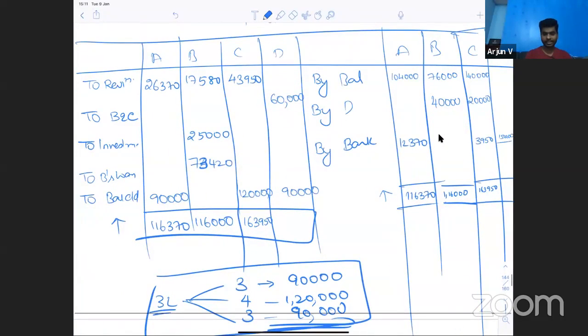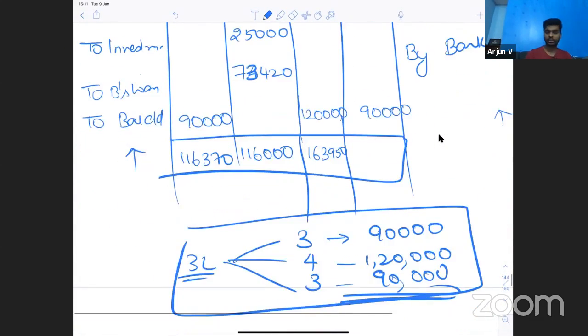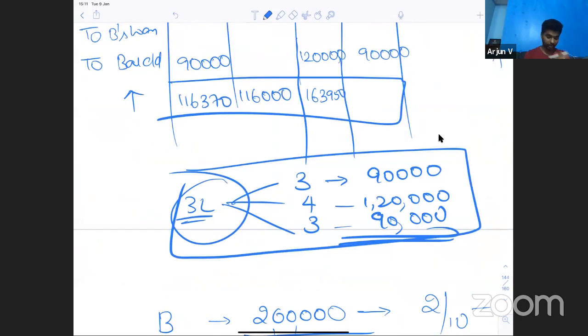Mohit, what they are saying is your closing balance has to be 3 lakhs for all the three partners put together. So when you're saying your closing balance has to be 3 lakhs, they want it to be maintained in the profit sharing ratio, which is 3:4:3. If you are maintaining it in the ratio of 3:4:3, that comes to 90,000, 1,20,000 and 90,000.